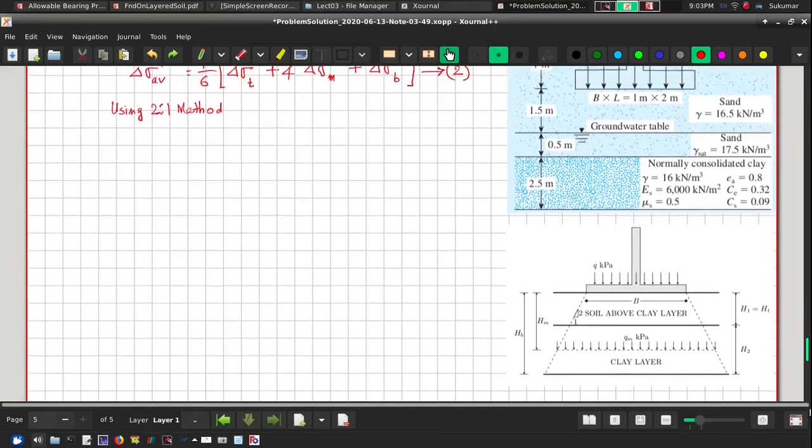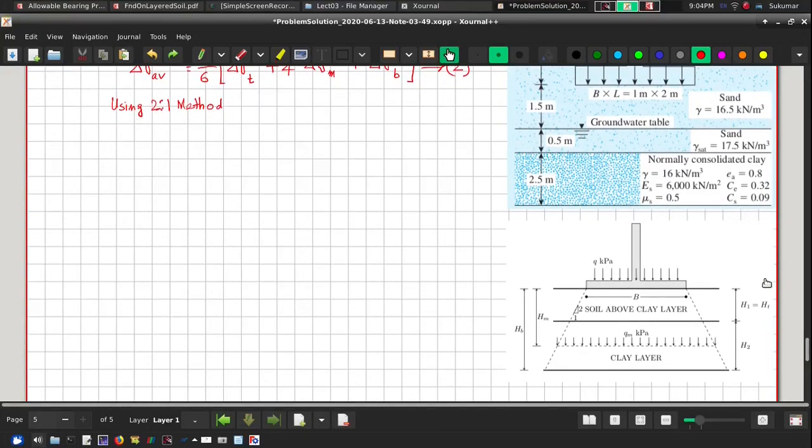Here we have this 2:1 method. This figure you are familiar with, we have already discussed.